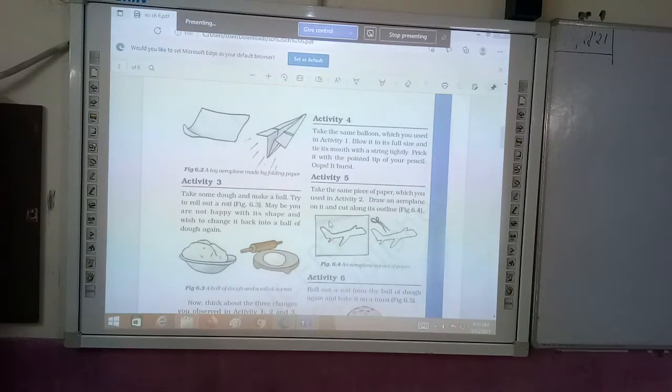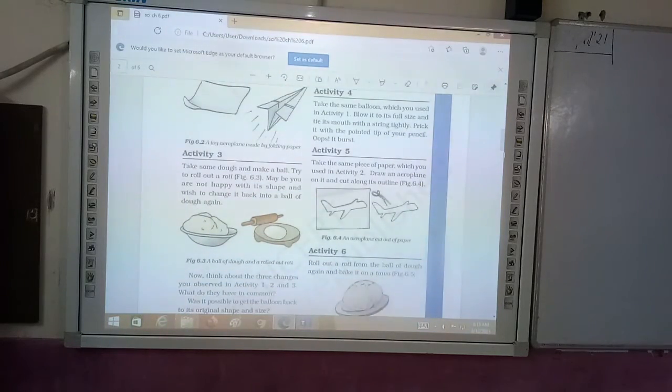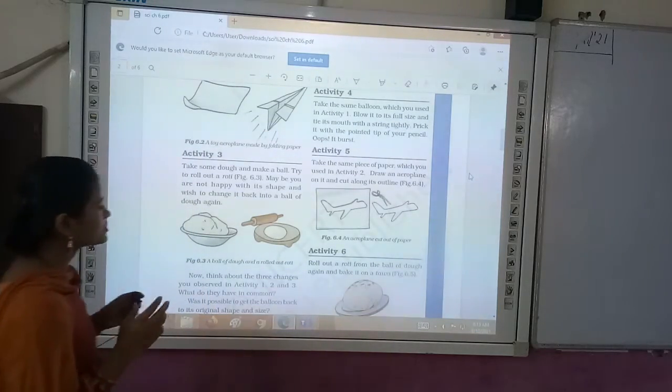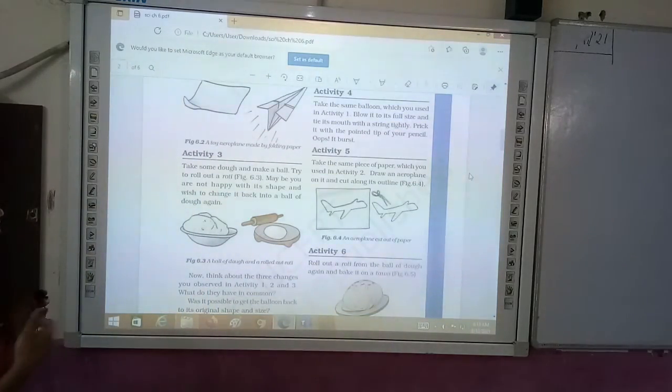Maybe you are not happy with its shape or wish to change it back into a ball of dough again. Maybe if you are making chapati or roti, you are not happy with its shape and wish to change its shape. ठीक है, आप क्या करोगे, उसकी शेप आपको पसंद नहीं आएगी, you want to change its shape.